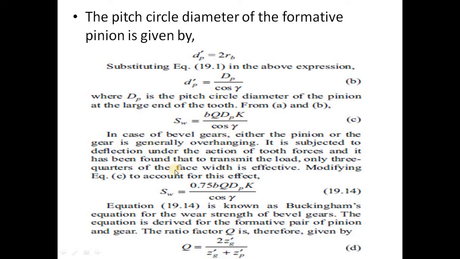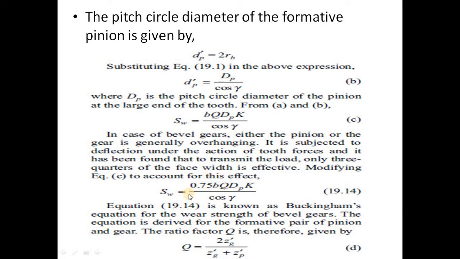This is the formula, and here we assume one factor, 0.75, because in a bevel gear only 3/4 of the face width is effective. That's why 3/4, that is 0.75, is the term we consider here and multiply as a factor, because only 3/4 of the face width is effective in the bevel gear meshing with another pinion or gear.